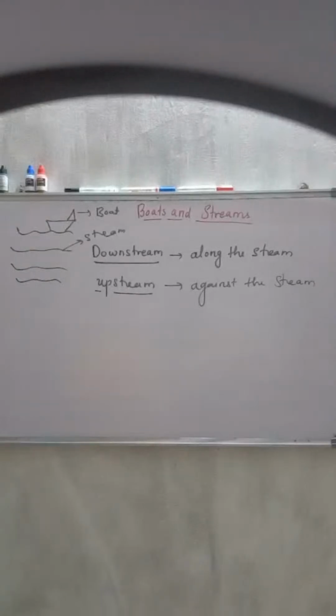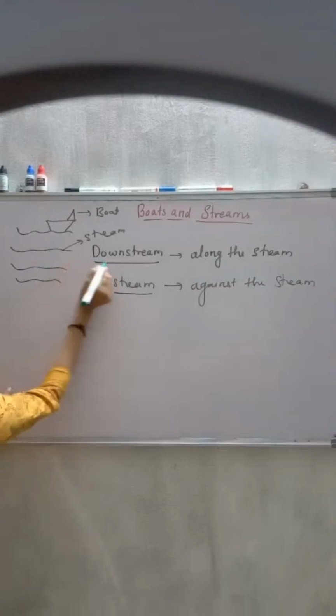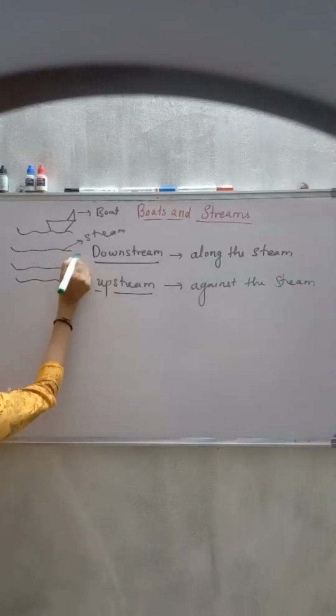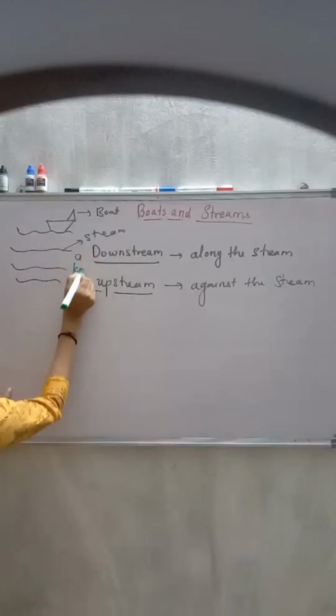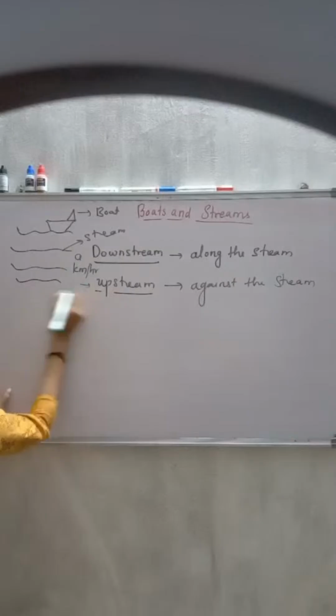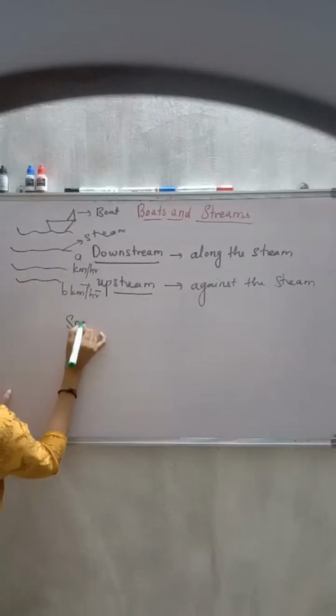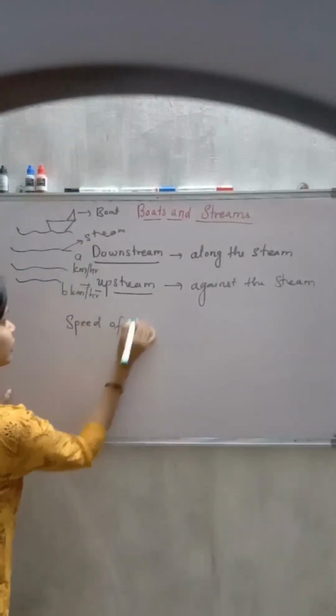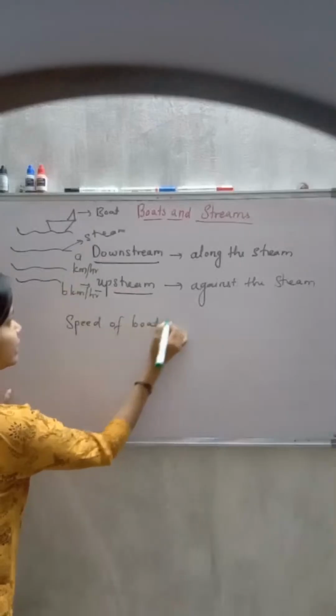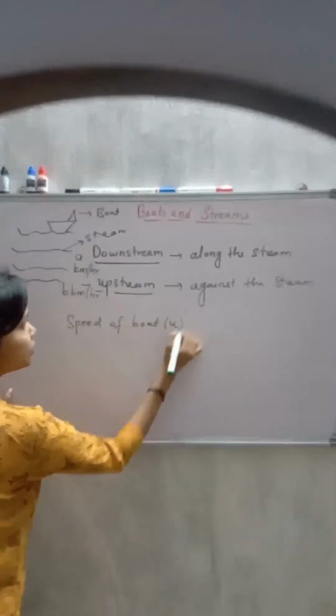Okay, now suppose we denote this downstream by a kilometers per hour, because we are saying this is the speed, and this upstream by b kilometer per hour. Then what is the speed of boat? Speed of boat, let's say we denote it by u.